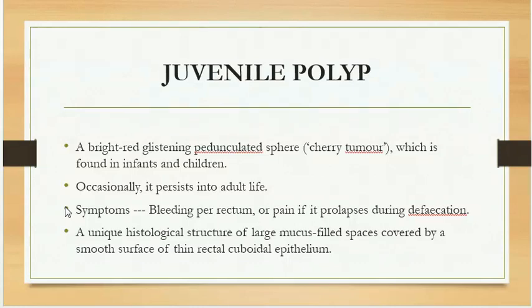So it's another variety of rectal polyp. It can be present in the rectum, it may be out there in the sigmoid and more proximally. The presentation of juvenile polyp, hamartomatous polyp, is bleeding per rectum or pain when it prolapses.